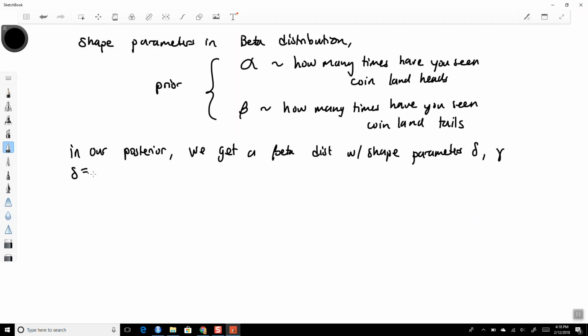Delta we said is going to be alpha plus y sub n, and gamma is equal to beta plus n minus y sub n.